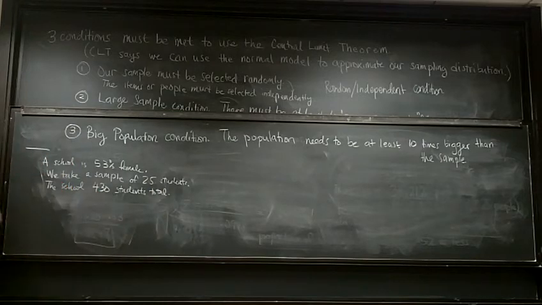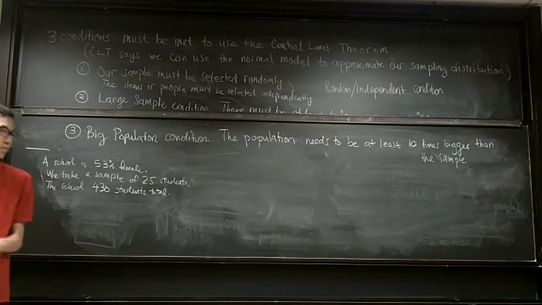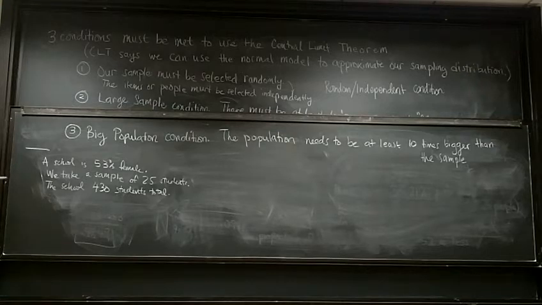Are any conditions violated? Yes. It's not random. Here it just says we take a sample of 25 students. It needs to say we take a random sample. So it needs to say a random sample.